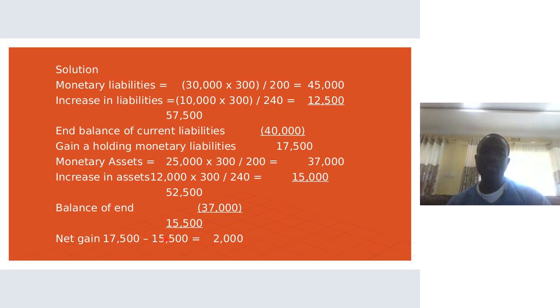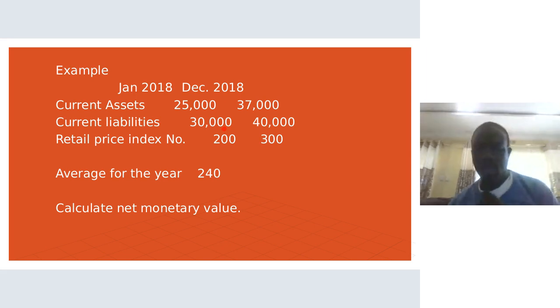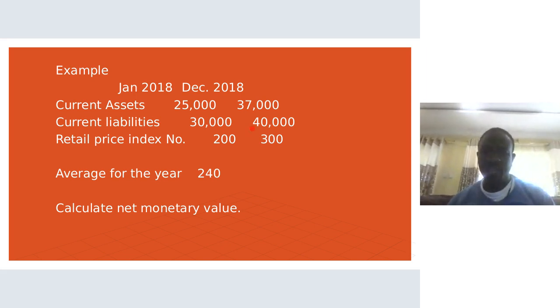Likewise, if we look at the value of liabilities in January, the value of liabilities was 30,000, and the value of liabilities in December, 40,000.